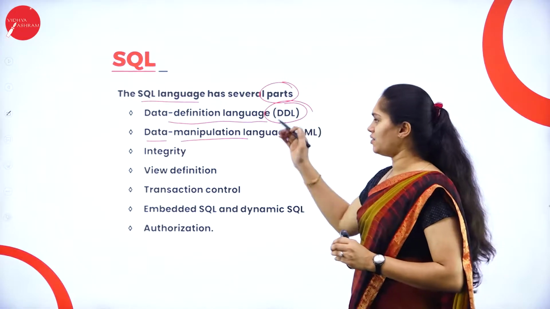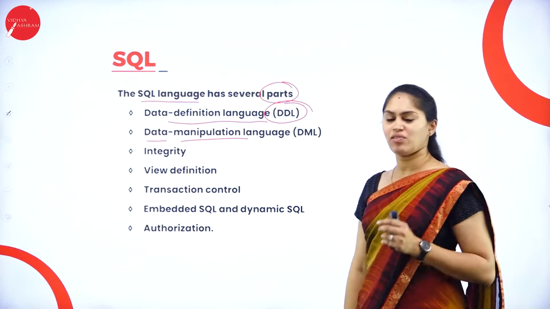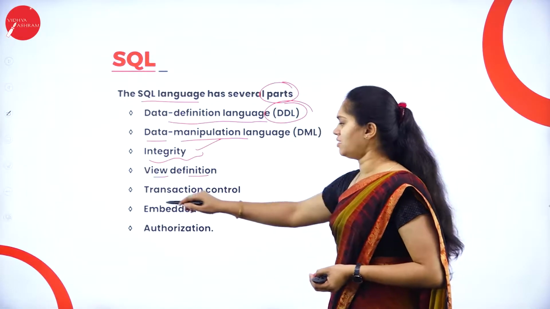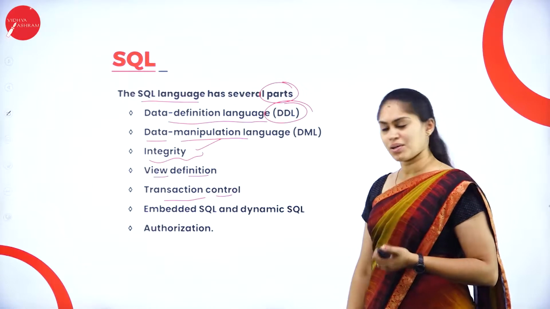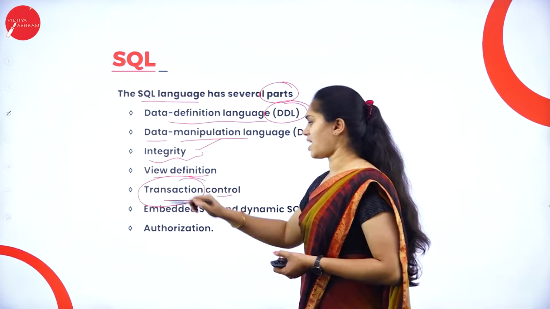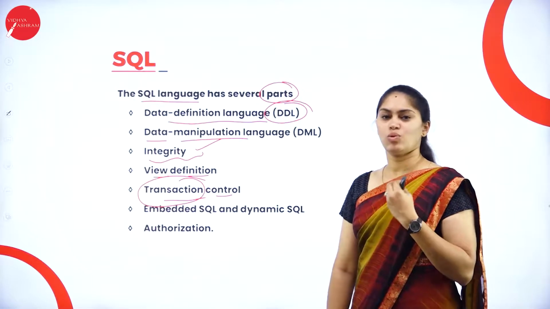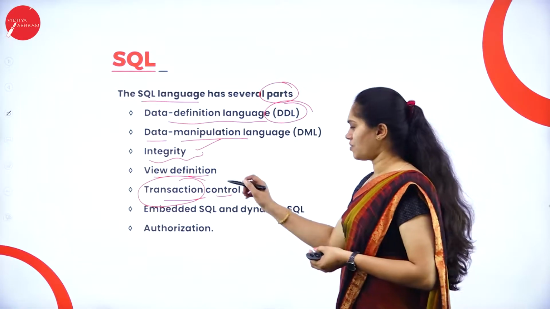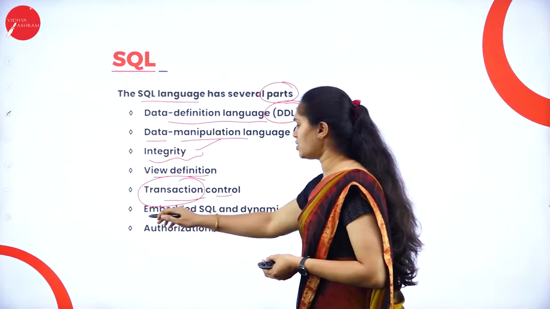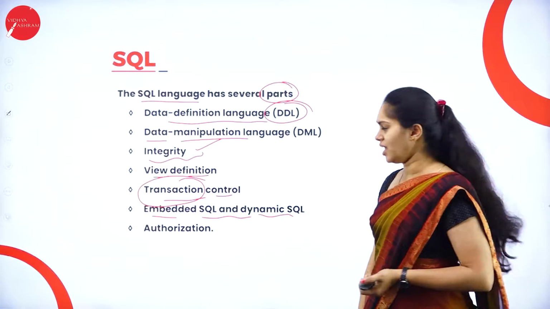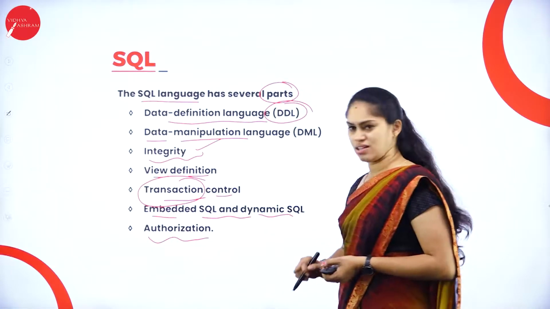We also have integrity, view definition, and transaction control. You already know about transactions, how we control them, what concurrency is, and what serializability is, all of which we have already learned. It also includes embedded SQL and dynamic SQL, and authorization.